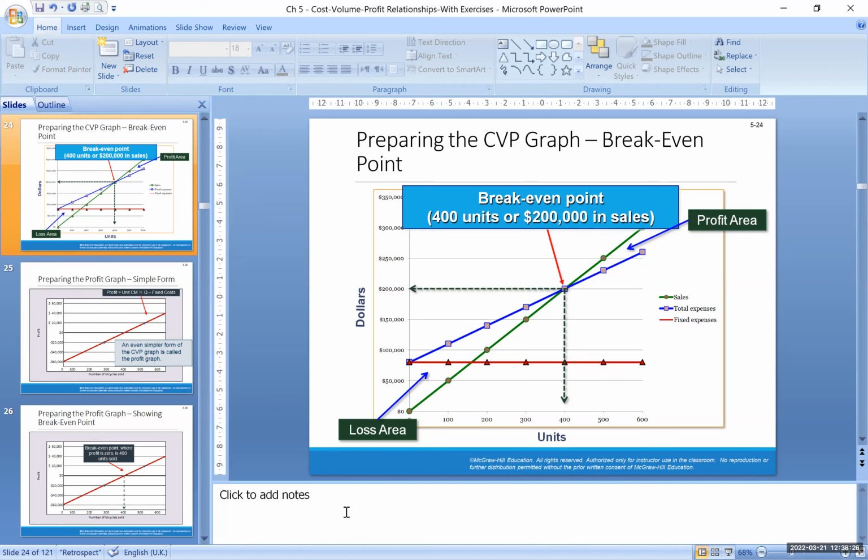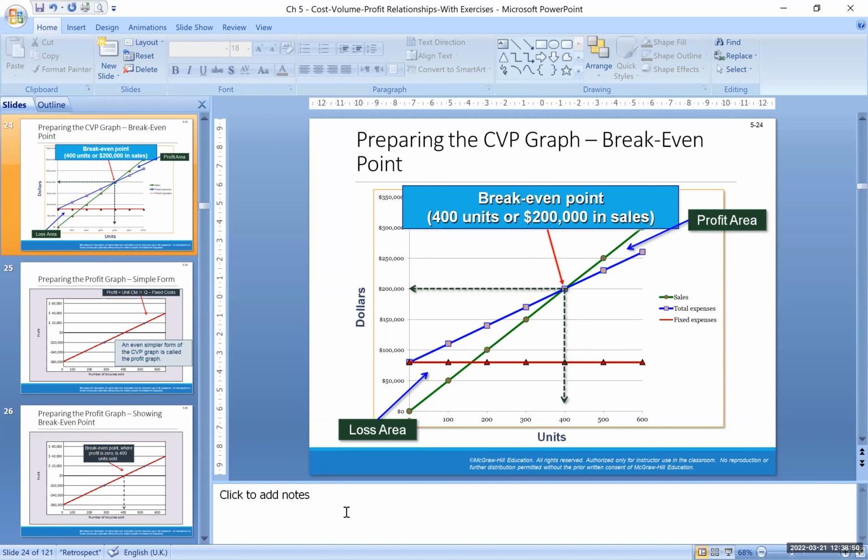The loss area is represented on the graph by the area before the break-even. Why? Because the total cost line, the blue line here, is above the total revenue. Then we have a loss area.